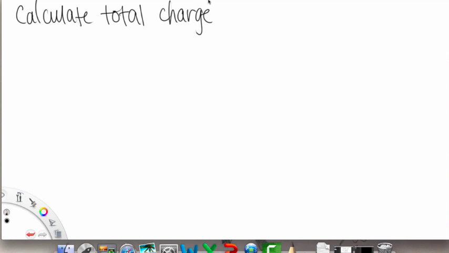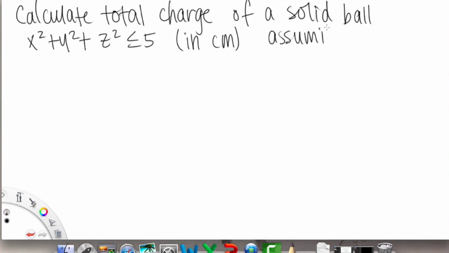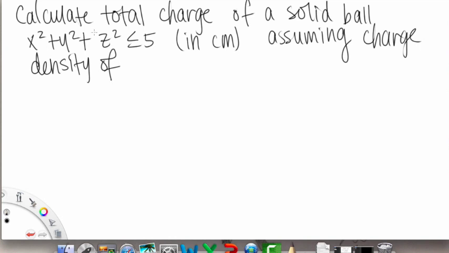So the first one asks us to calculate the total charge, and this is, I guess, electric charge we're talking about, the total charge of a solid ball, and the volume is given by x squared plus y squared plus z squared is less than or equal to 5, in centimeters, apparently, assuming a charge density of the following.